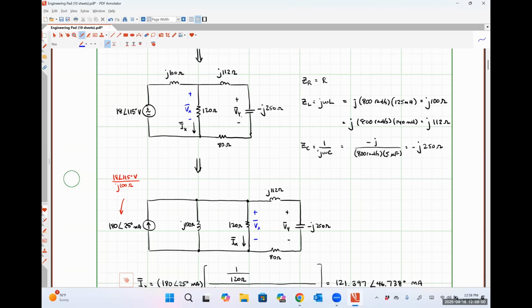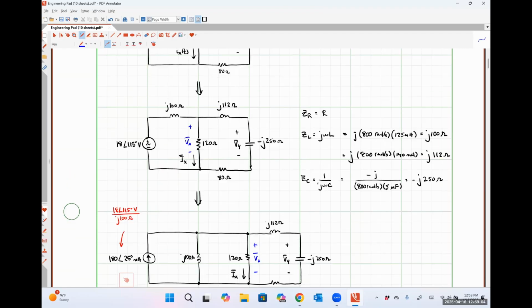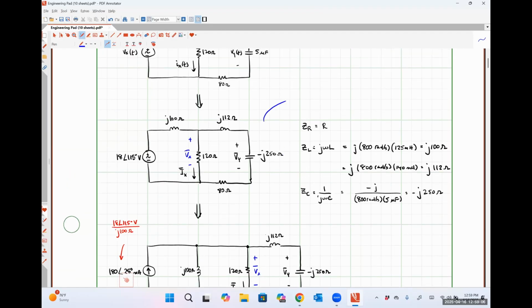For that first application of voltage division, for what it's worth, I'll just do a quick sketch of what that would look like. Vx, solving for it directly, would have been that 18 angle 115 degrees volts. And then in my numerator, I would have had that total impedance.